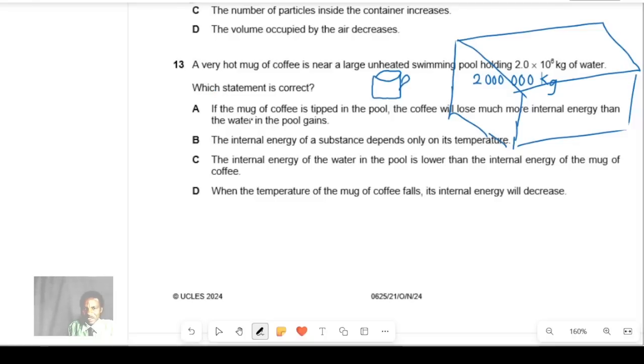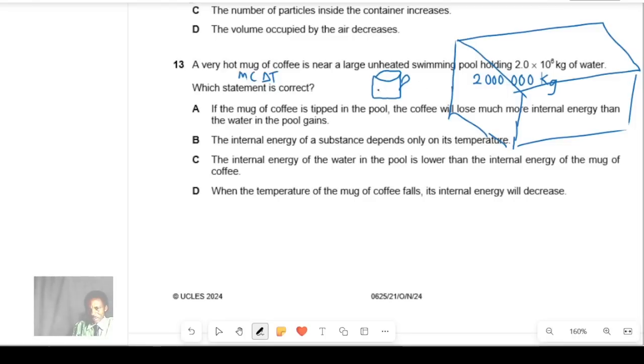Which of these statements is correct? If the mug of coffee is tipped into the pool, the coffee will lose more internal energy than the water in the pool gains. The internal energy is what? MC delta T, which is the mass multiplied by specific heat capacity multiplied by temperature rise.